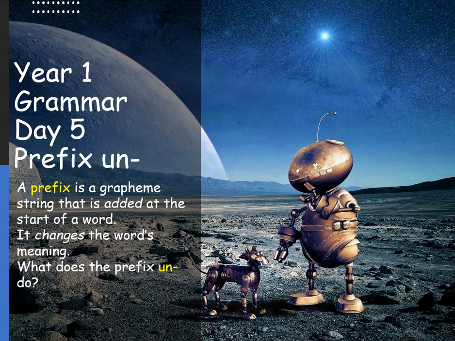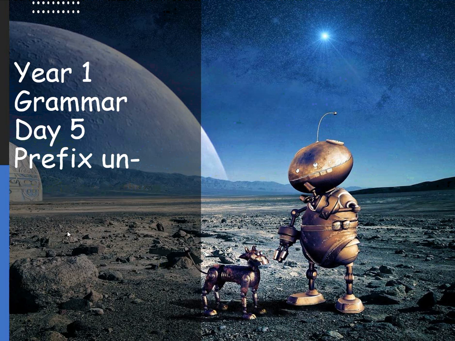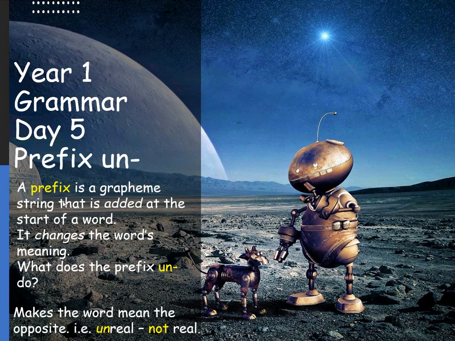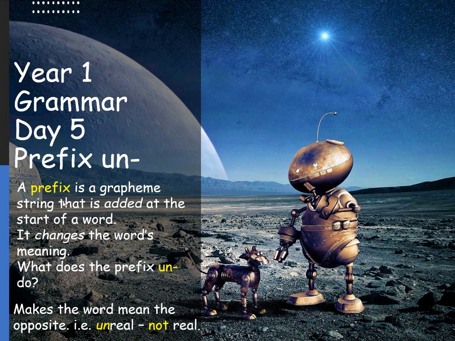It changes the word's meaning. So now have a think about, what does the prefix un do? So the prefix un makes the word mean the opposite. So for example, unreal means something isn't real, something's not real.